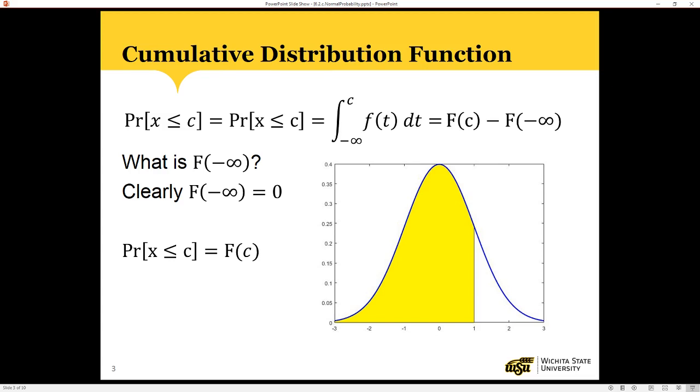But what is capital F of minus infinity? Well, if you look at the graph in front of you, cumulative distribution functions always end up being 0 at minus infinity, when we take the limit as x gets large without bound in the negative direction. This is because the probability density function has to have horizontal asymptotes of 0 in order for this to work.